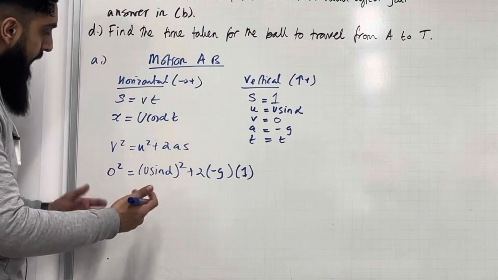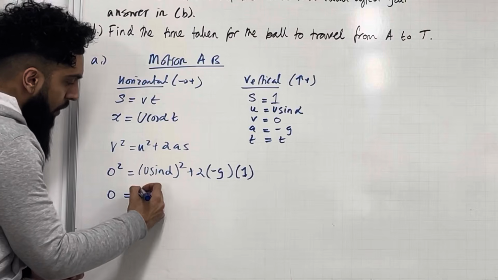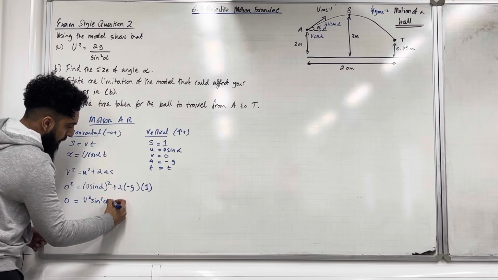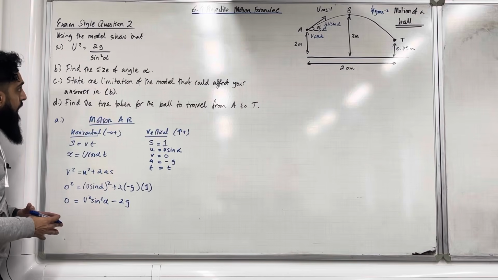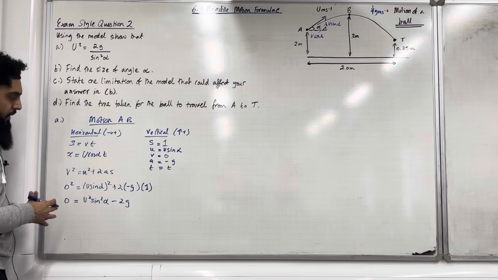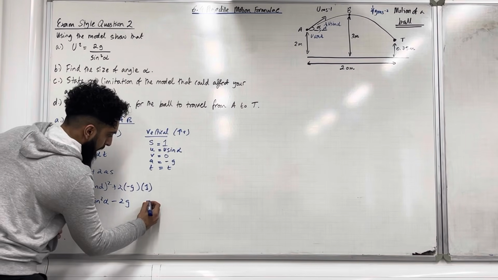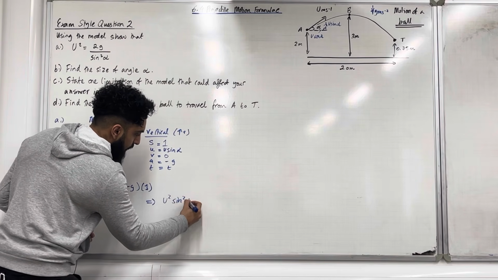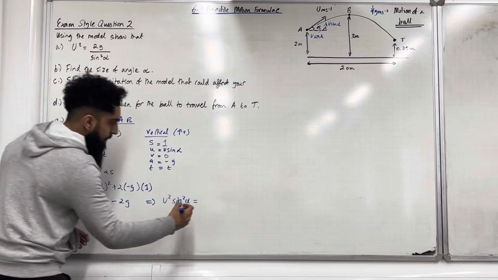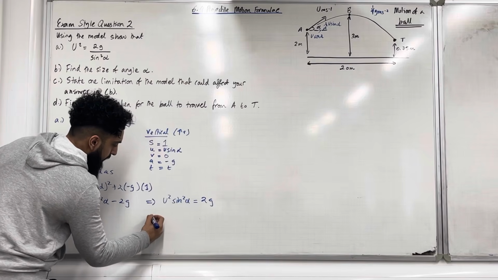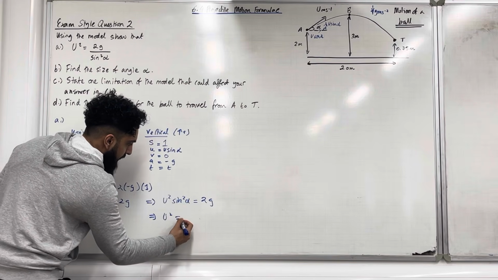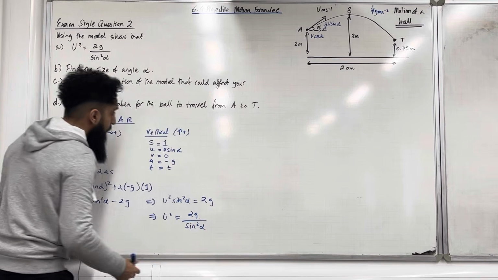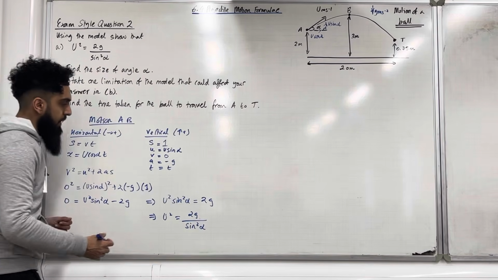Okay, so we can clean this up. We've got 0 equal u squared sine squared alpha minus 2g. Okay, so now I can just rearrange. So if I rearrange, I get u squared sine squared alpha is equal to 2g. Hence, u squared is equal to 2g over sine squared alpha as required. That's what we needed.